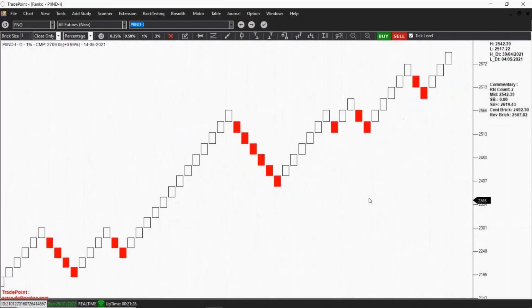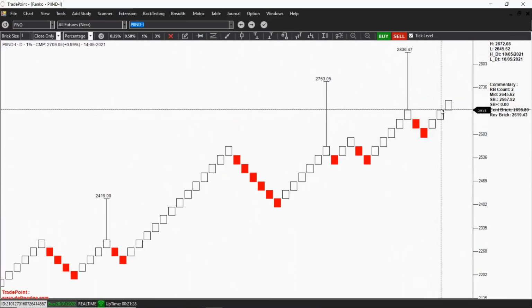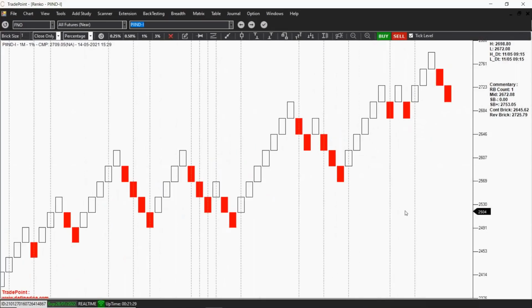This Pidilite industry, if you see on a daily chart, it is on a new high. I mean, there are bullish extensions which are open, and there's a series of continuation breakouts. Right now, also, it is bullish two-back breakout, and there is a Renko support pattern below that. And on a lower time frame, this is a multi-break breakout.